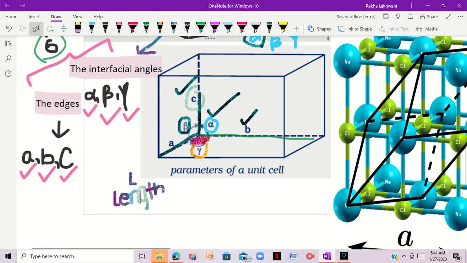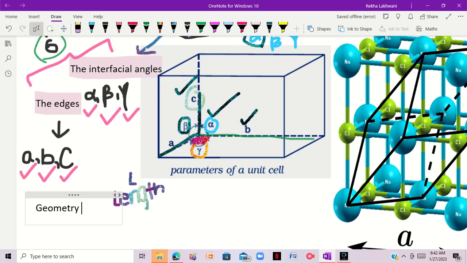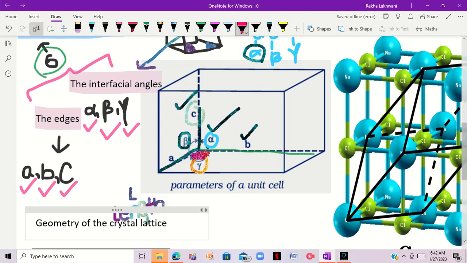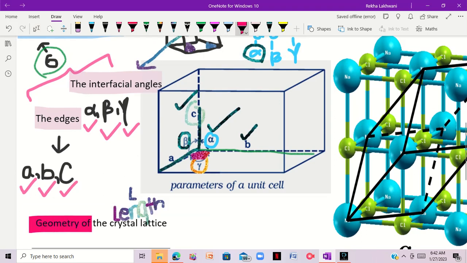So these parameters tell us the geometry of the crystal lattice. This unit cell tells us the geometry of the crystal lattice. Like how?